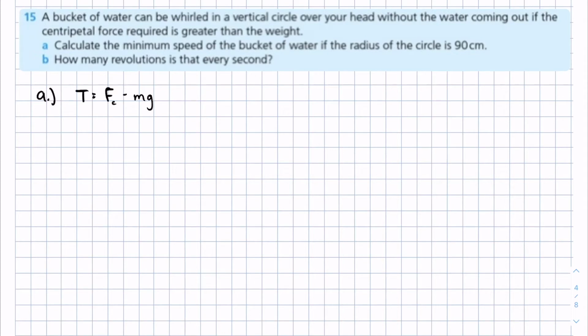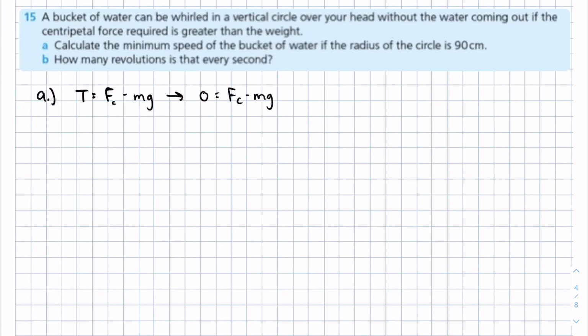The minimum speed of the bucket for the water to stay inside will happen when the tension is 0. So this equation can be written as 0 equals centripetal force minus mg.